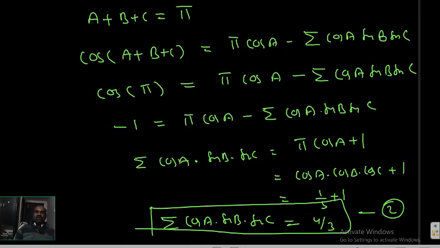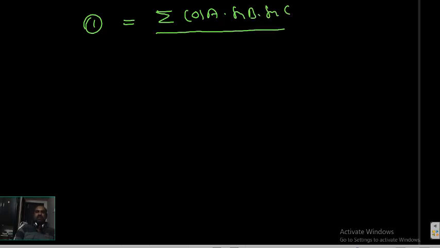Now I will write result 1 here, students. Result 1 means what Nana? Sigma cos A sin B sin C by cos A cos B cos C. So already that is 4 by 3. Already this is 1 by 3. 3 gets cancelled.